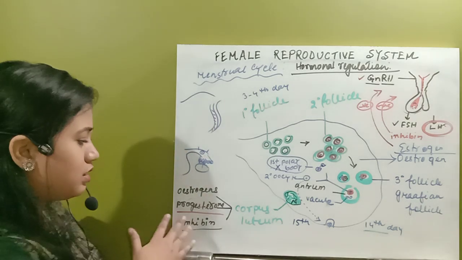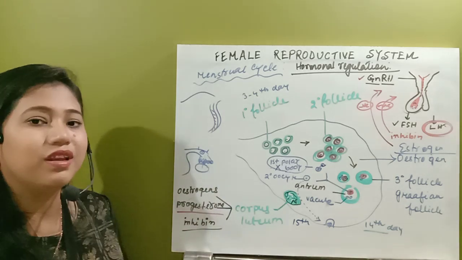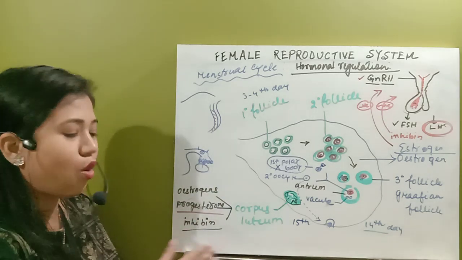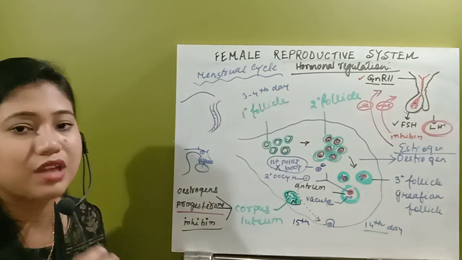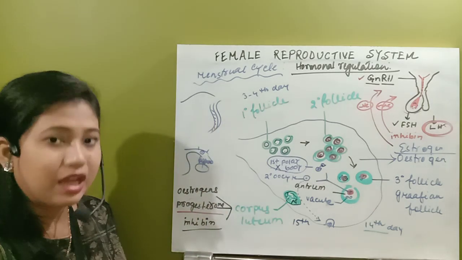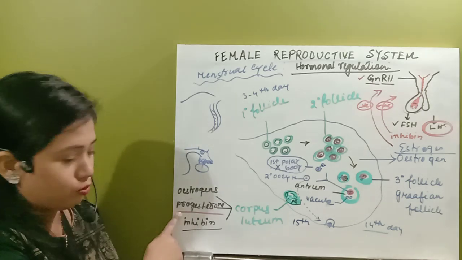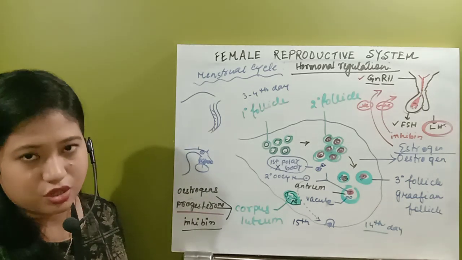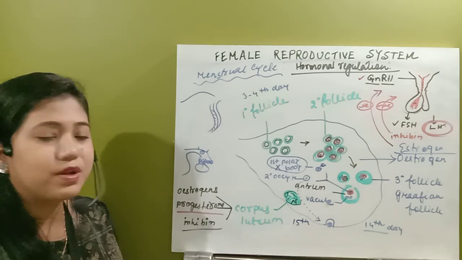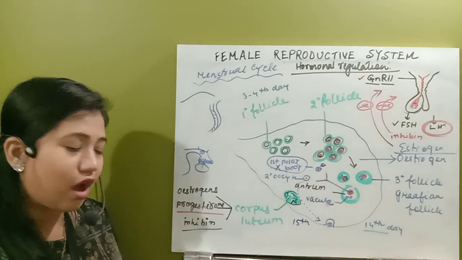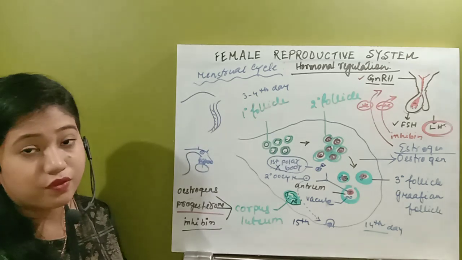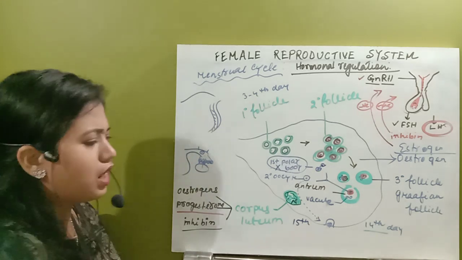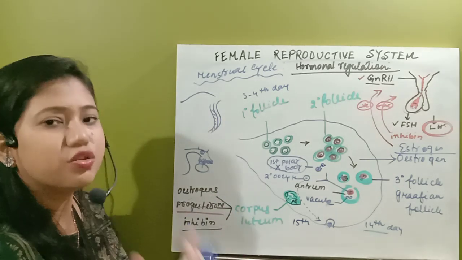So here this progesterone hormone will start to be released by this corpus luteum, and the endometrium will also start to get thicker, following its formation by estrogen hormone. From the 15th day, this progesterone hormone will continue to be released.